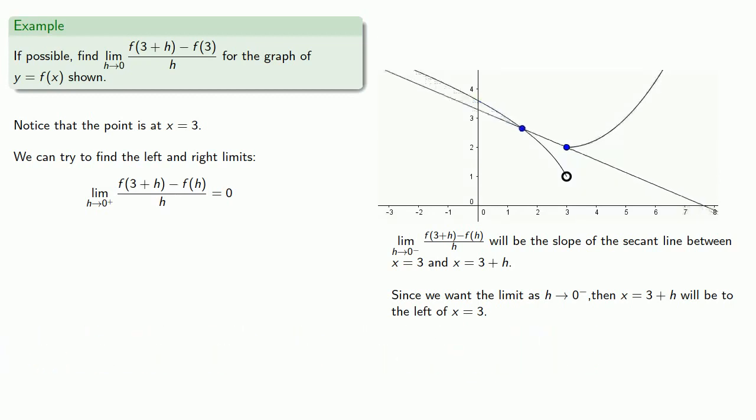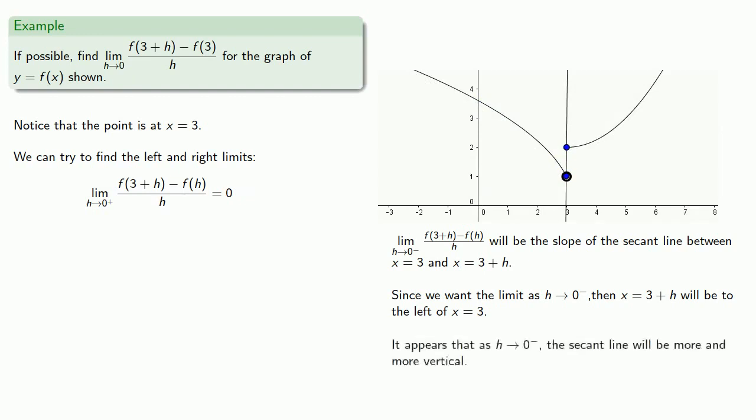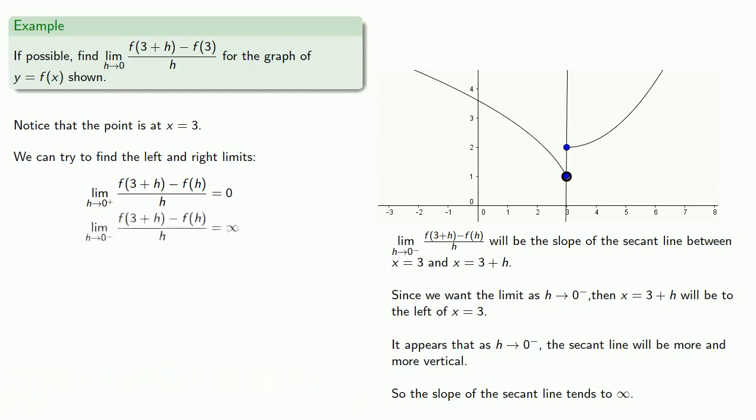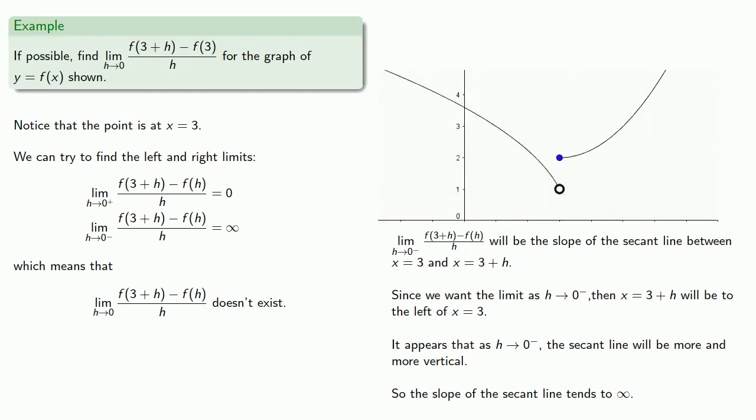And we see that as h goes to 0 from below, the secant line will be more and more vertical, and so the slope of the secant line tends to infinity. And again, this disagreement between the limit from the left and from the right means that the limit itself doesn't exist. And this time, notice the graph is discontinuous at x equal to 3.